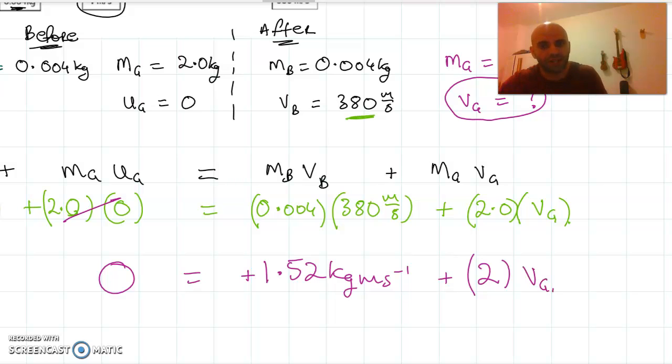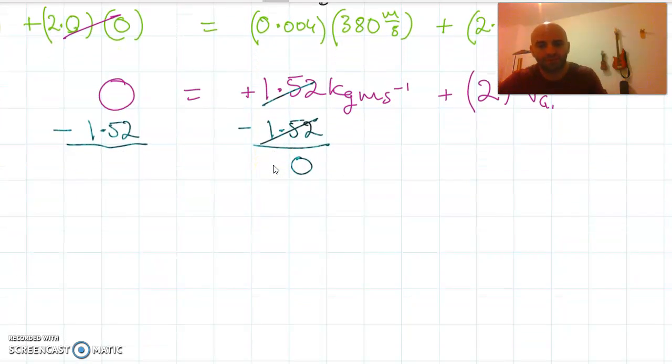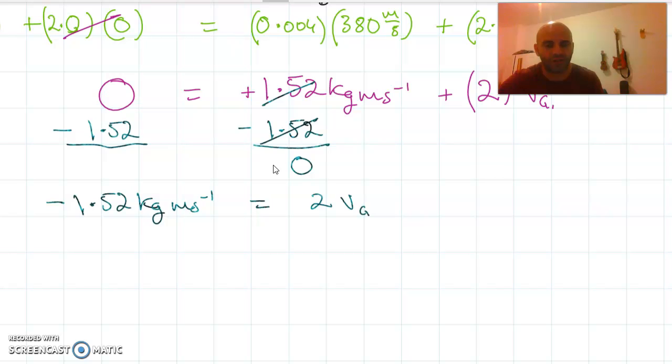So a little bit of algebra here. What we do is we subtract 1.52 from both sides. So that one will cancel out that one, and that leaves me with negative 1.52 kilogram meters per second equal to twice the final velocity of the gun.